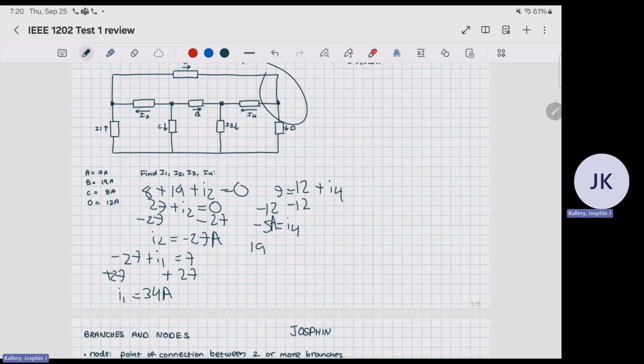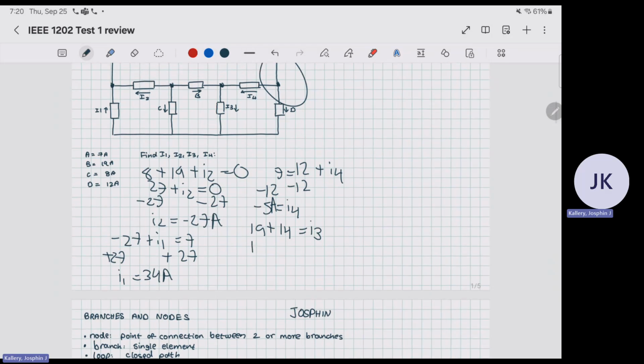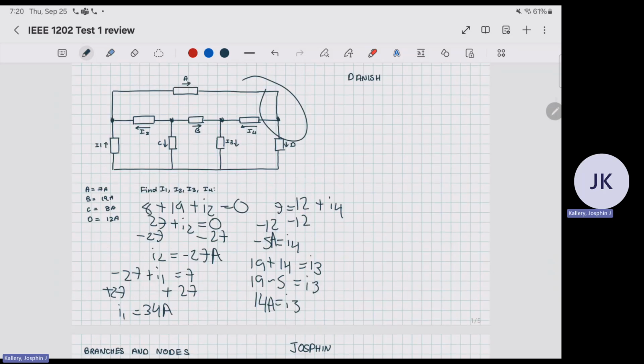We have 19 plus I4 equals I3. And then 19 minus 5 equals I3. 19 minus 5 is 14 equals I3. And we conclude our amps.